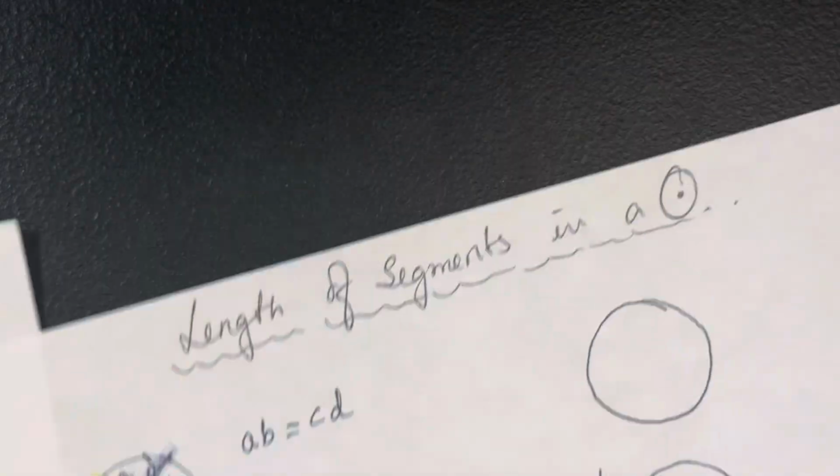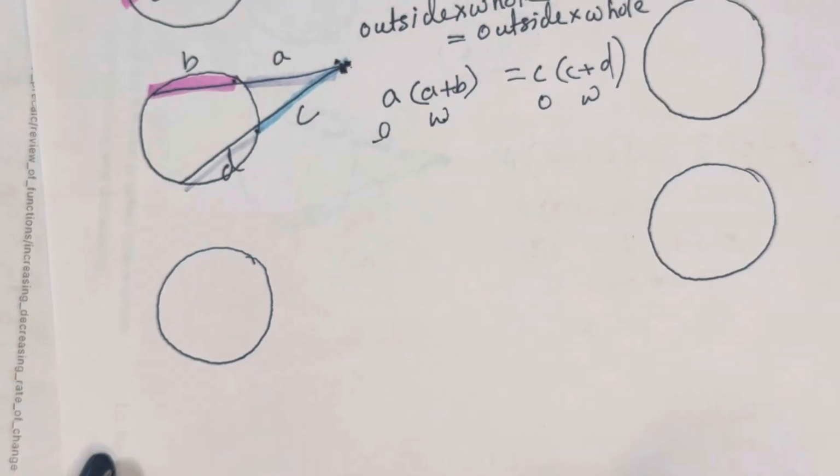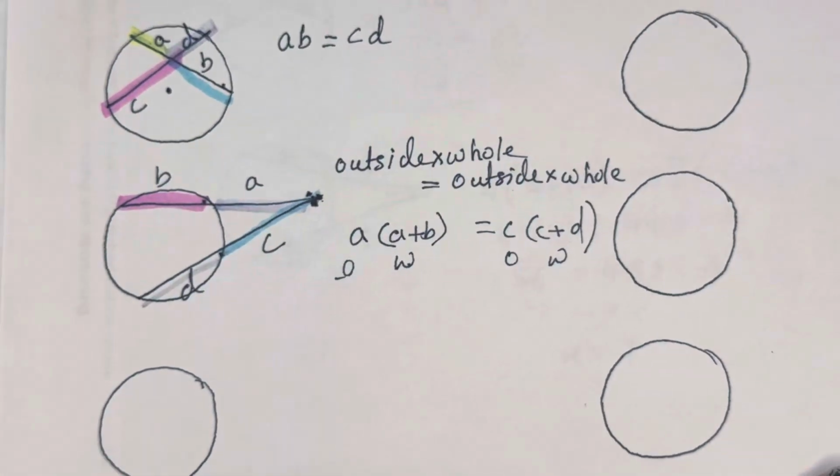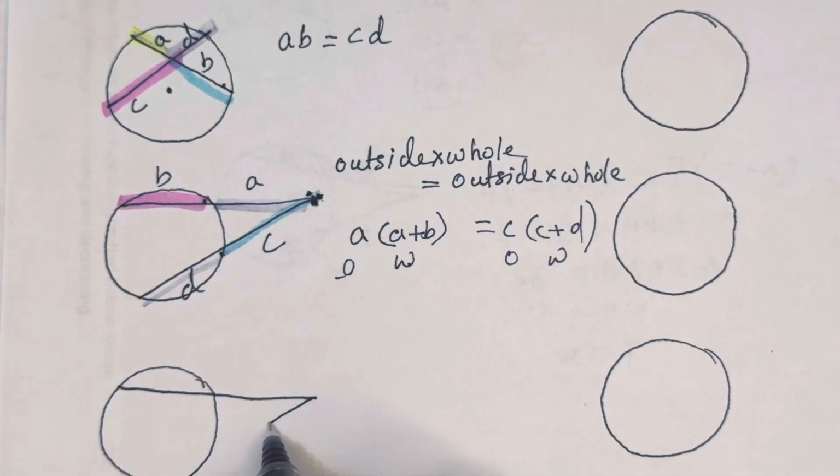If there is a secant and a tangent, this is a secant and there is a tangent.